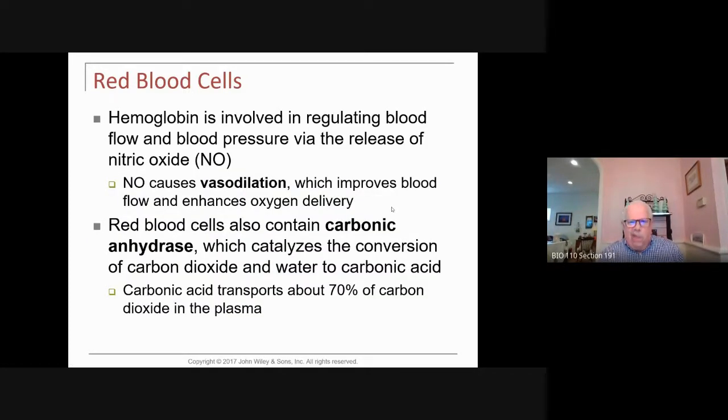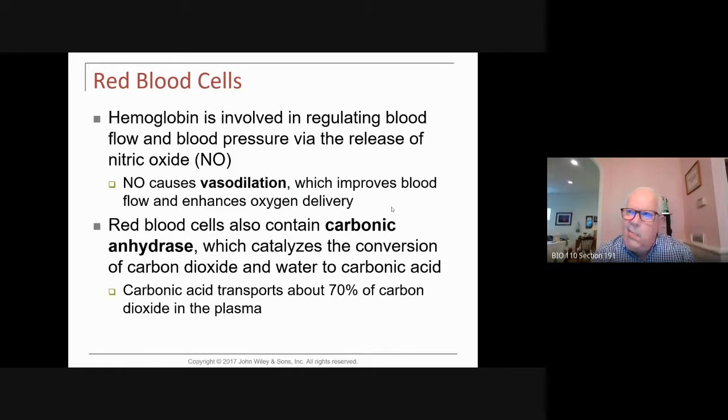Hemoglobin is also involved in regulating your blood pressure to a minor degree. They focus on this, and it's really garbage. There's no reason to worry about nitric oxide.